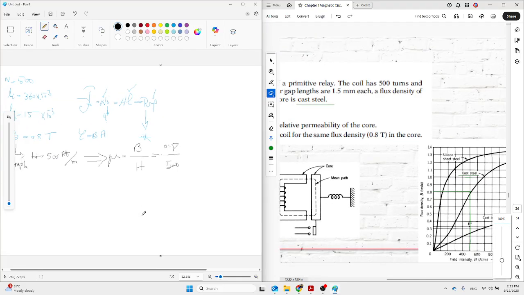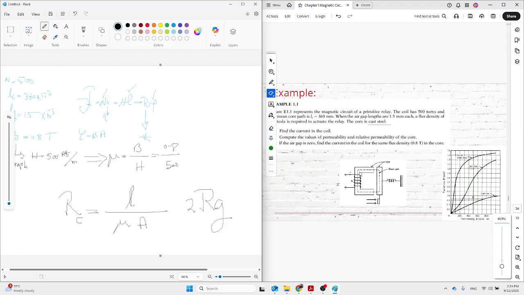Next is reluctance, which is L over mu A. But don't forget, we should calculate Rc, and then we have 2 Rg, correct?